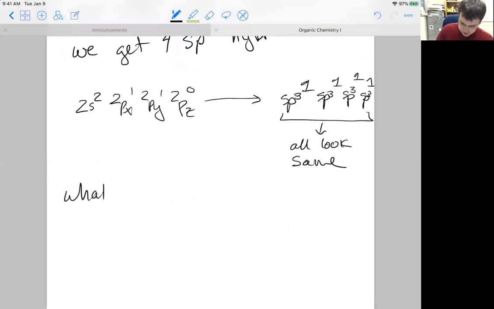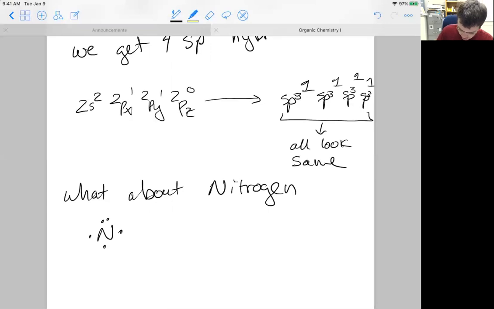Let's look at another example. What about nitrogen? Nitrogen has 5 valence electrons: 1, 2, 3, and then we put 1 lone pair. With a lone pair of electrons, that's the only thing that differs from carbon. We still are looking at a 2s, 2px, 2py, 2pz. All of those atomic orbitals go in and they come out as 4 sp3 orbitals.